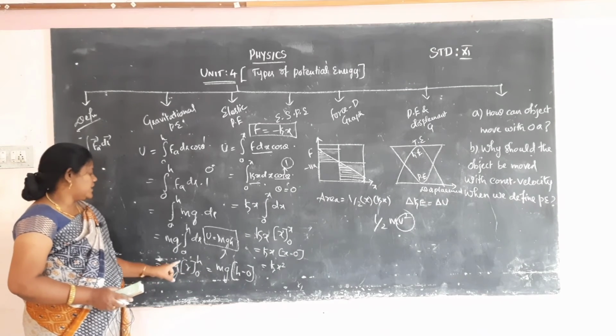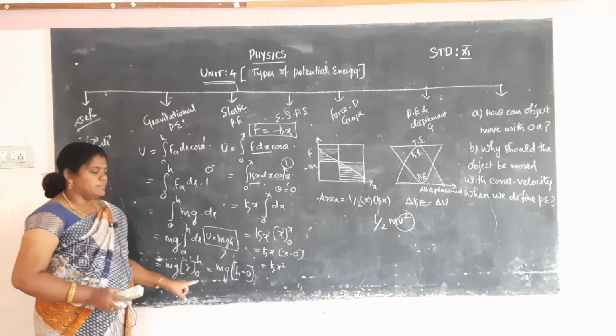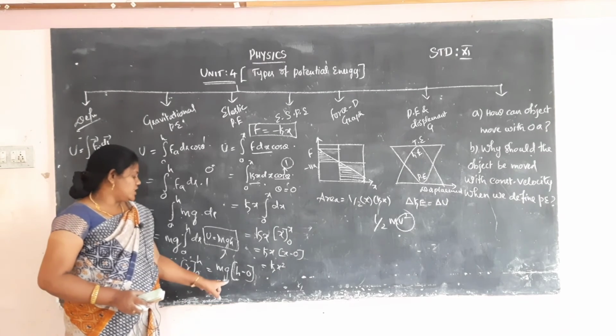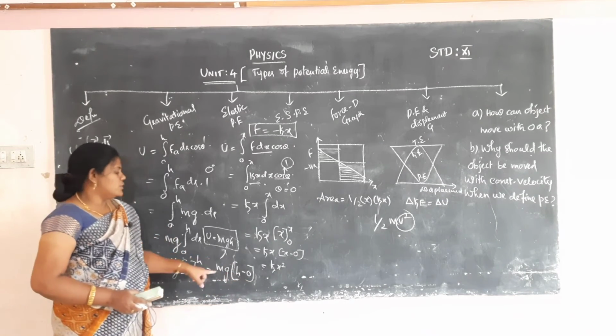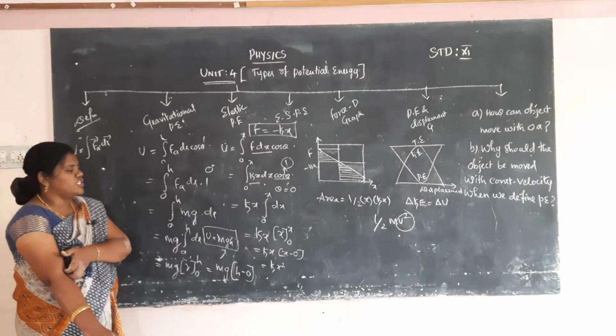Applying upper limit minus lower limit, the gravitational potential energy is equal to m into g into h.